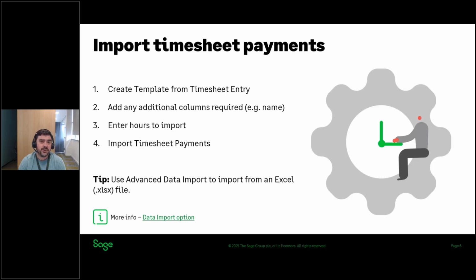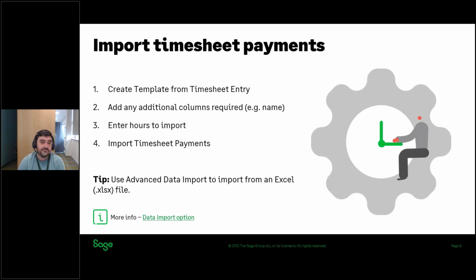The steps I'm going to work through are showing you how to create an import template from the existing timesheet entry screen. The advantage of doing this is that you will have all of the correct column headers for the relevant pay elements that you're going to be using. You can then make changes to that spreadsheet, for example, adding any additional columns that might be useful. A good example there would be the employee's name.